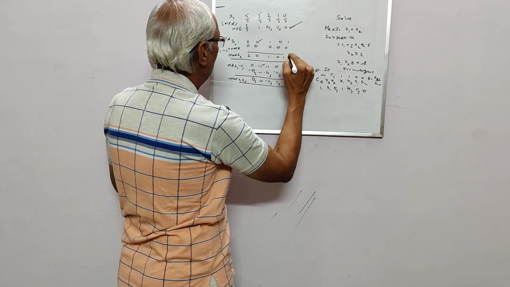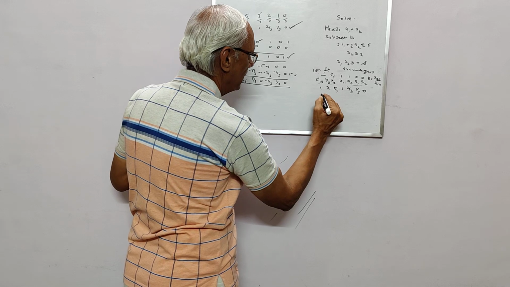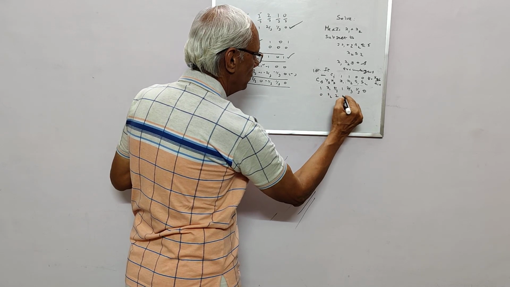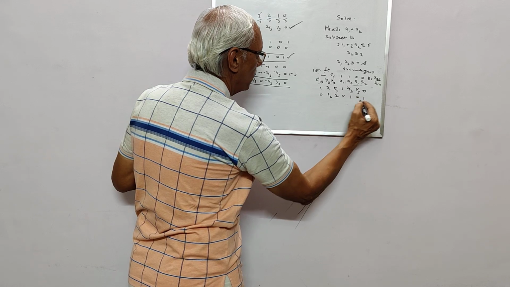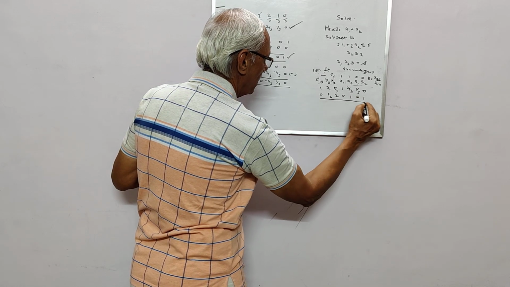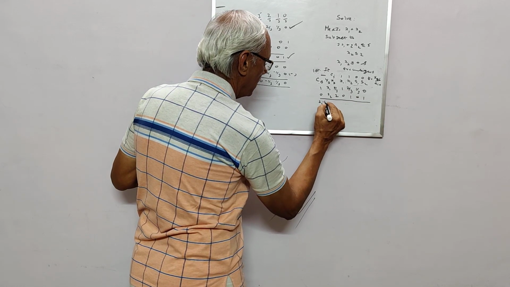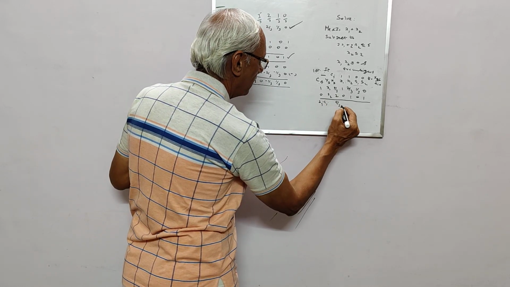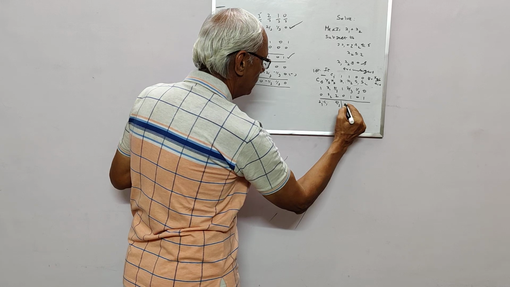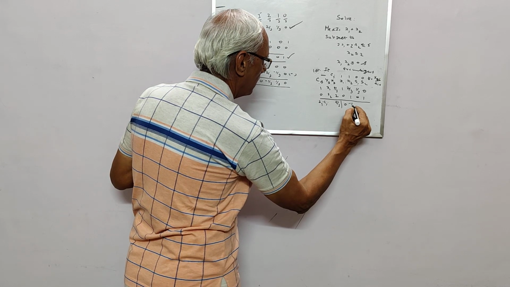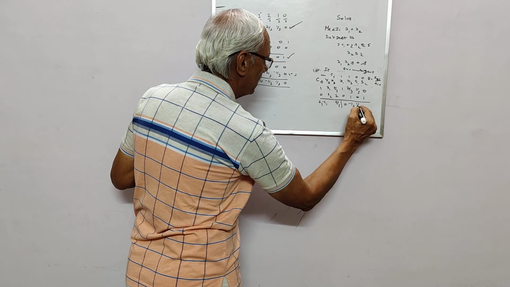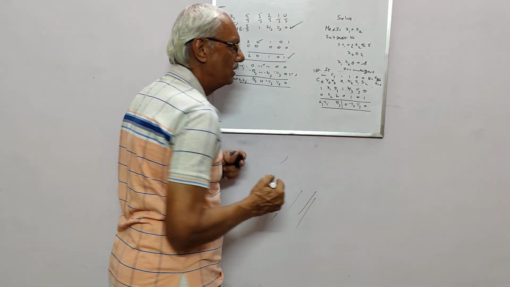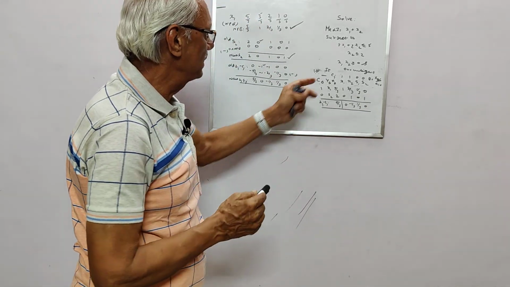Then this one, S2: 0, 2, 0, 1, 0, 1. Here 5 by 3, 0, minus 1 by 3, 0. Now, this is my first iteration.